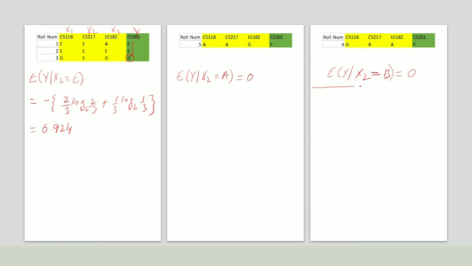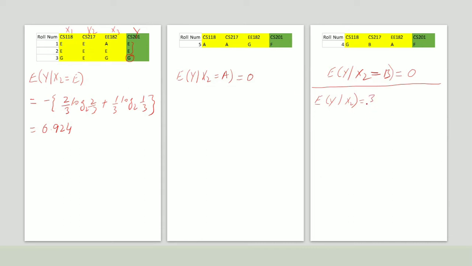So again, let me calculate the average entropy, that is entropy of y given X2. I have 3 records in the first partition where I had the value excellent.